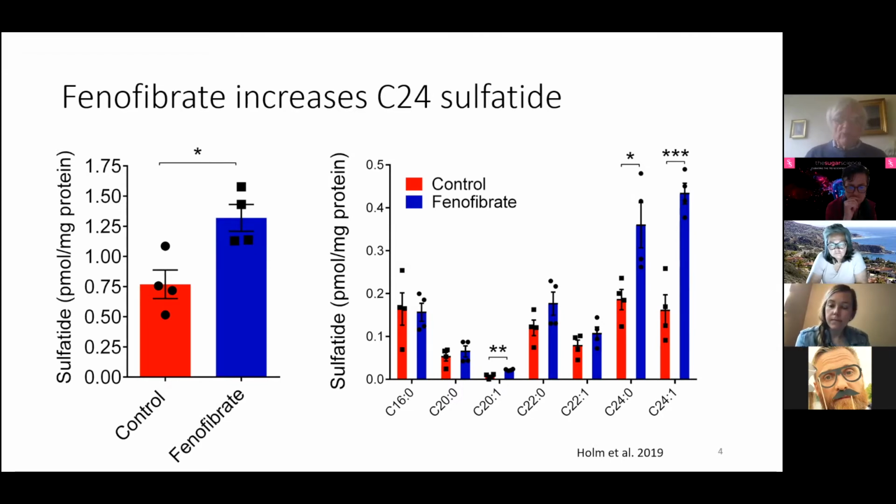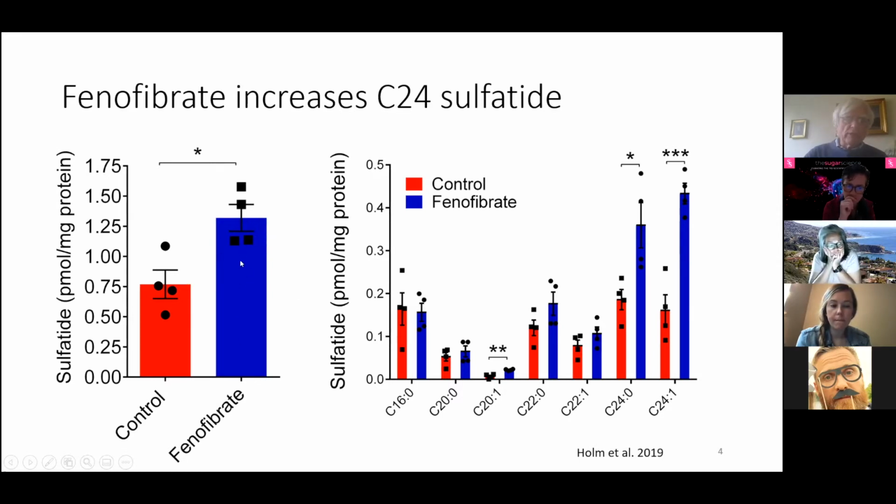It might not be very good at that, and it has been surpassed mostly by statins, but it has other interesting features. Actually, it enhances the sulfatide amount in the islets of Langerhans.